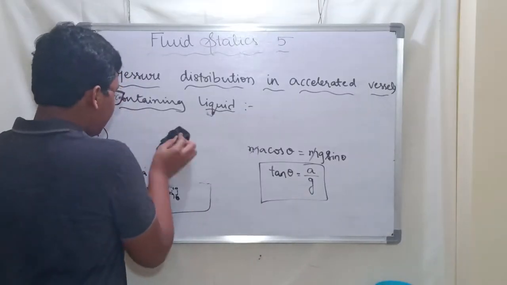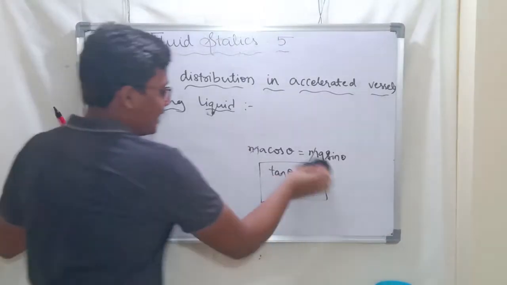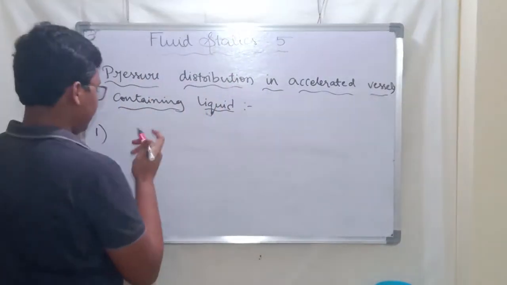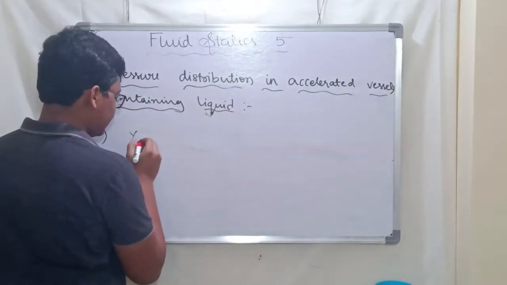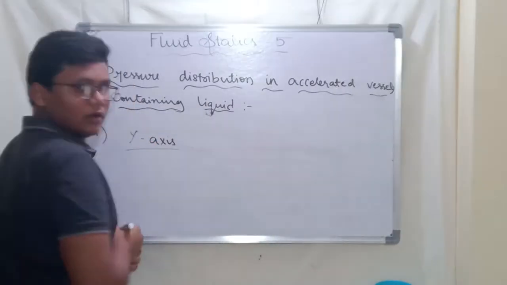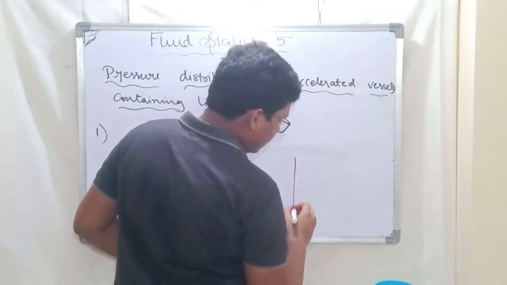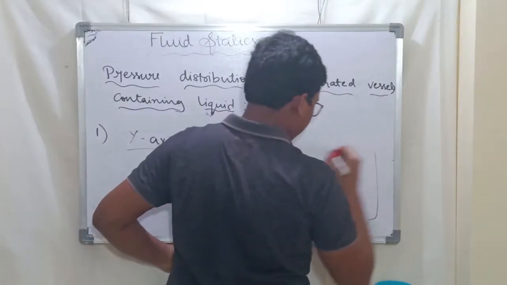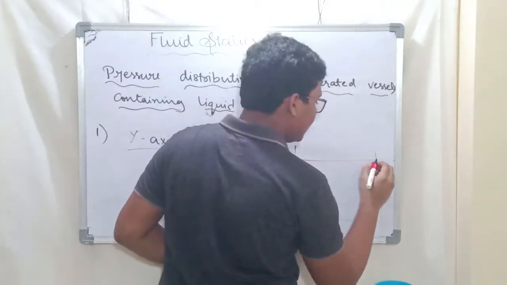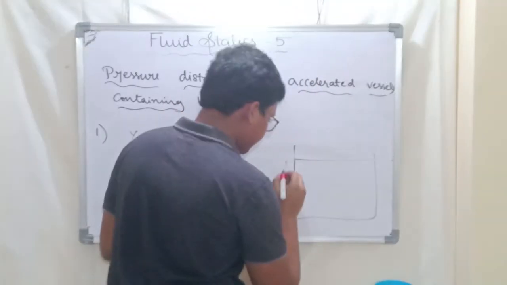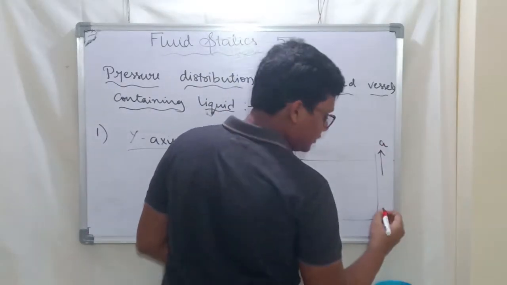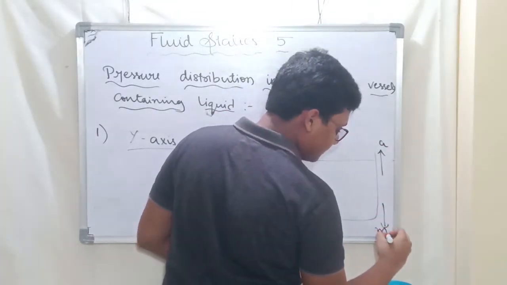Now we will explain the y-axis, the vertical direction, accelerated in the vertical direction. This is a vessel containing liquid up to height h, accelerated upwards, so the pseudo force is acting downwards.